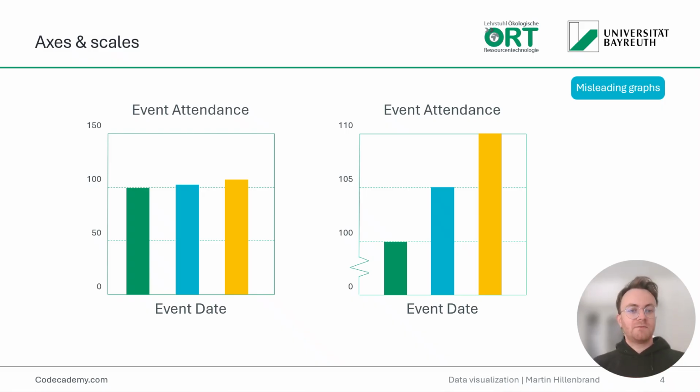The left graph, which is not cutting the y-axis, gives you a different picture compared to the event attendance on the right side, where you would have the impression that the green bar fits 2 times into the blue bar and 3 times into the yellow bar, while looking at the left tells you it's roughly the same.